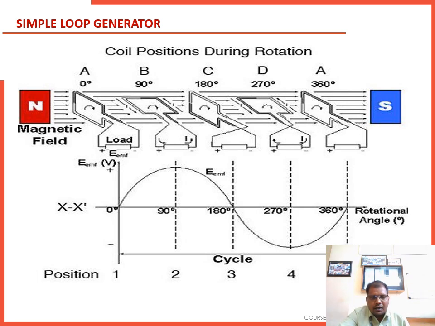At the 180 degrees position, the conductor cuts no flux, so the EMF induced at 180 degrees is 0. Similarly, 270 and 360 degrees are the same. At 360 degrees, the induced EMF is 0.